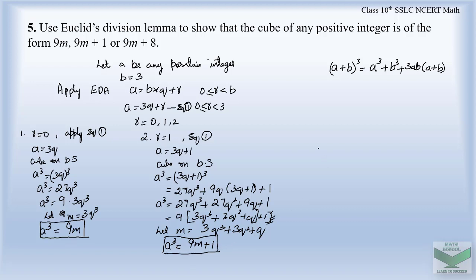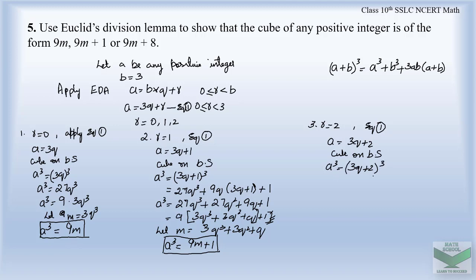Let us again substitute the third value of r, where r is equal to 2. Let us apply this in equation 1. We will get a is equal to 3q plus 2. Now again cube on both the sides. We will get a cube is equal to 3q plus 2 the whole cube.